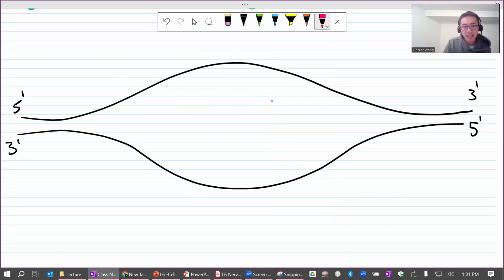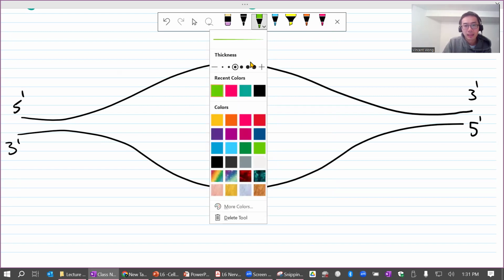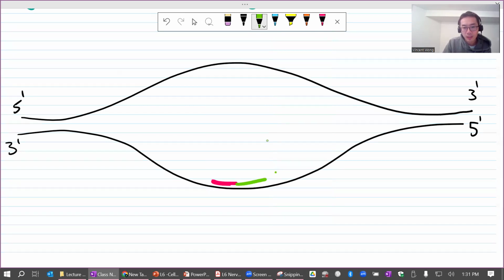We already understand that if you put a primer here, then the polymerase is going to go this way, right? So that's fine. And it's going to go all the way to the end, basically. Over here, we're going to need another primer, and then it's going to go here. And listen carefully.